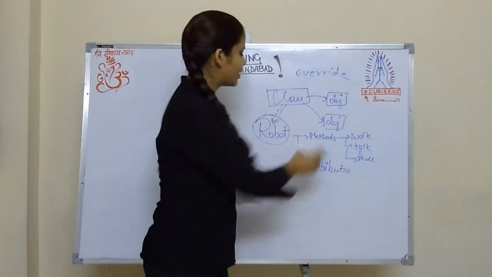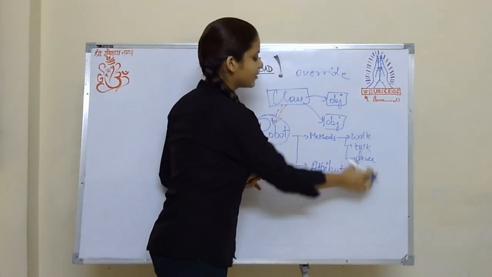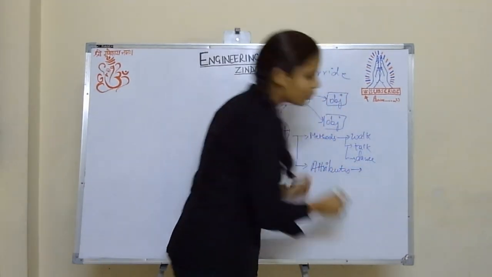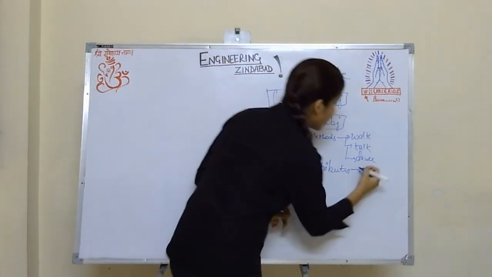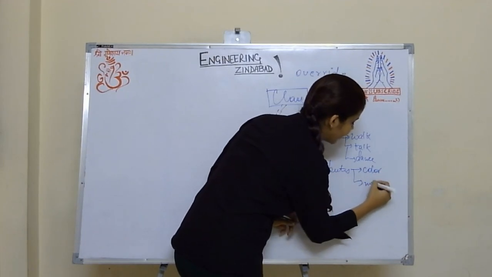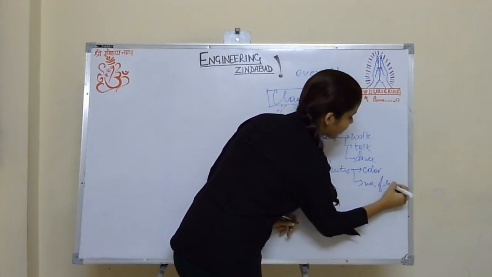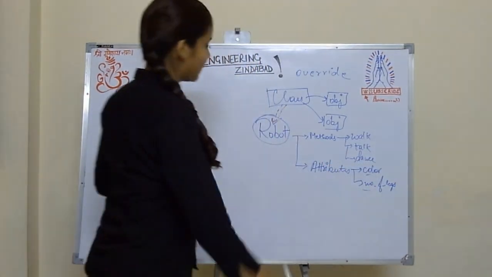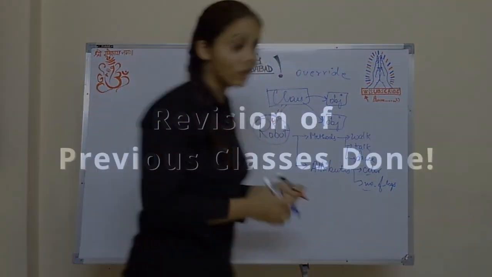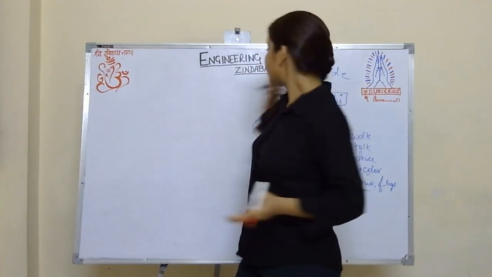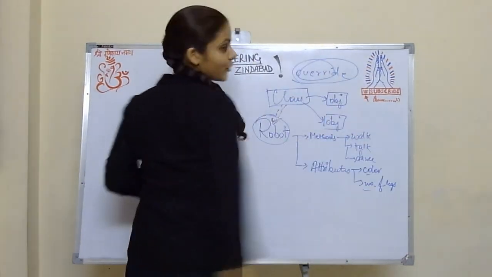We can say that these are the functions and these are the properties, but in coding we generally say methods and attributes. So it had attributes like color and number of legs. A robot can have any color and any number of legs, depending on what the user wants to create. Now this is basically the revision. We are done with the revision. Now let's continue with what is method overriding.